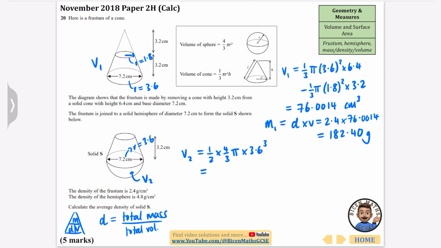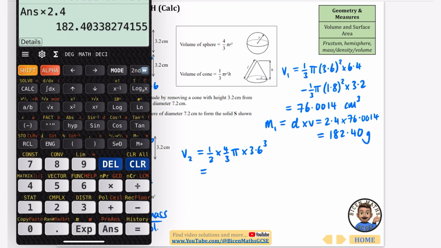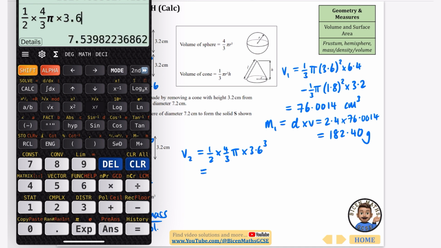I'm going to get that all typed into my calculator and see what we've got. So I'm going to do 1/2 of 4/3 pi times 3.6 cubed. And we get that the volume is 97.71609 and so on, so I'm just going to write it as that. That's more than enough, and that's in centimetres cubed.